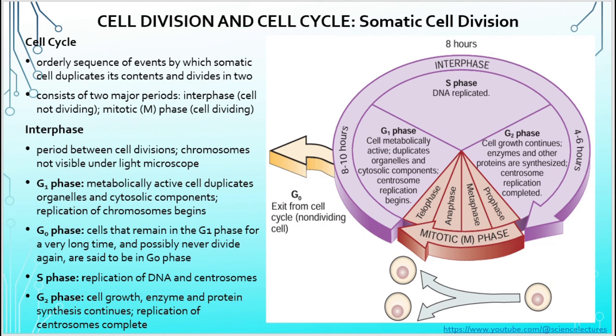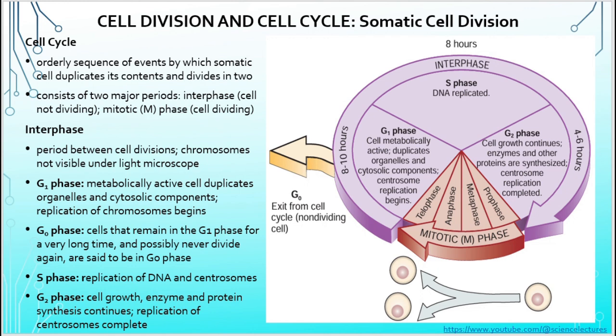The S phase is the interval between G1 and G2 and can last around 8 hours. During this phase, DNA replication occurs, and the two identical cells formed during cell division will have the same genetic material as a result of this DNA replication.